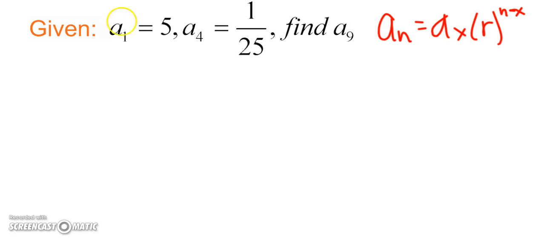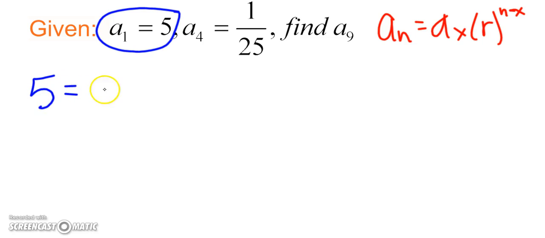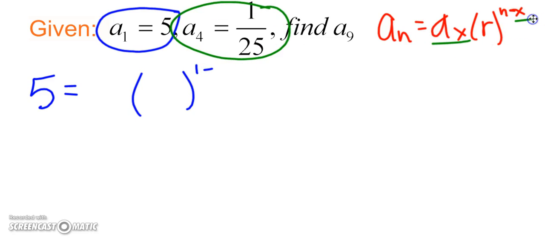So I'm going to use this one as my a sub n. It doesn't really matter, okay? But a sub n is equal to a whole bunch of stuff times r to the n minus x. This one is going to be my a sub x. So 4 is going to go up there. 1 over 25 is going to go here. And I'm looking to find my common ratio.